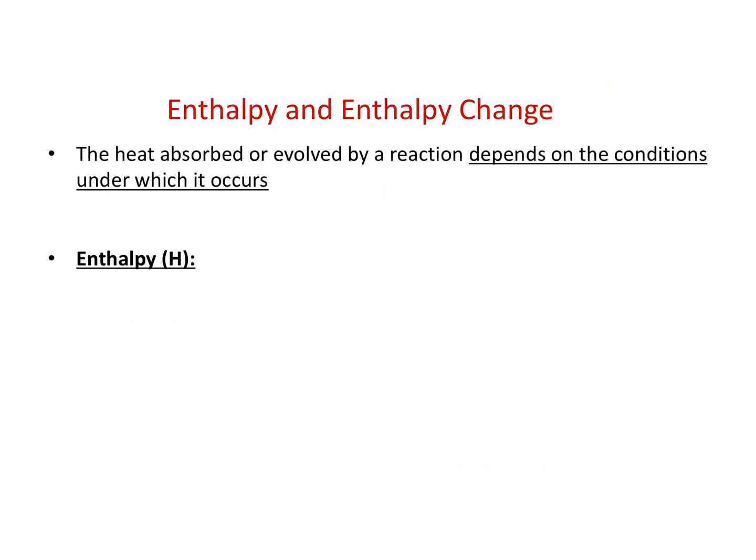So in chemistry, we're going to track that change in energy during the course of a reaction by looking at the enthalpy. It's going to basically tell us the heat absorbed or developed by a reaction. It's going to depend on the conditions under which that reaction occurs, but essentially enthalpy is a measure of the change in total energy of our system.